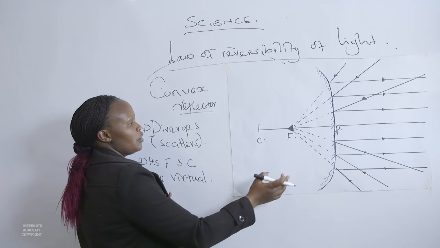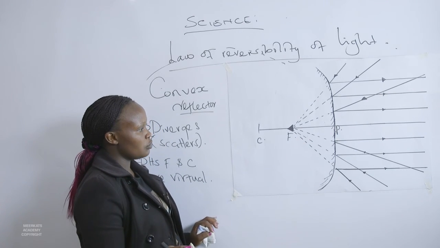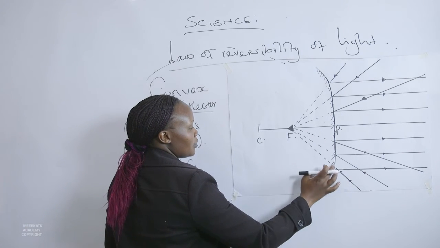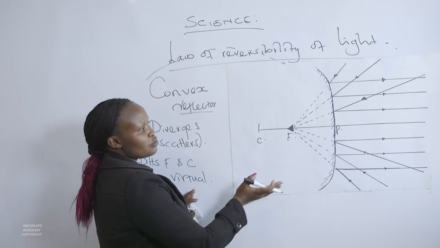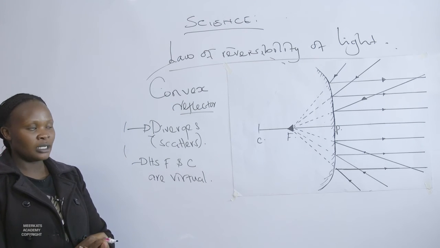That is why we use the dotted lines, which means that our rays are virtual, and if we reverse the direction of incidence, we can still trace the original parallel paths of our rays.